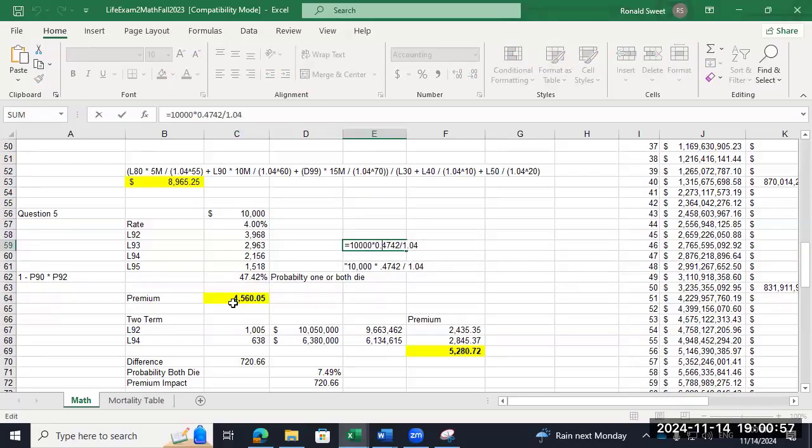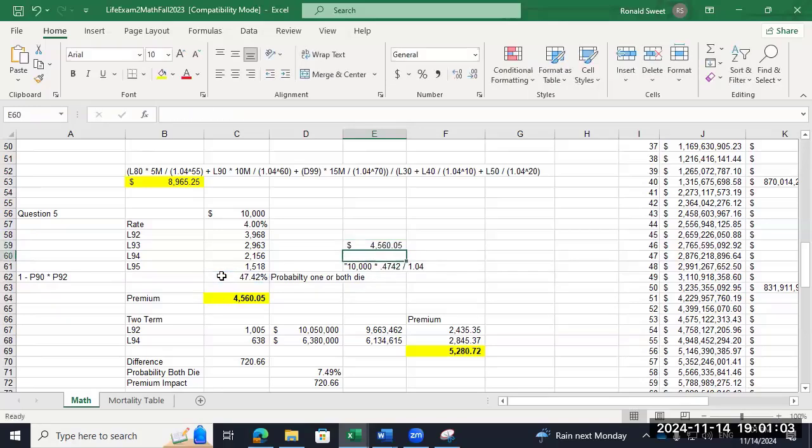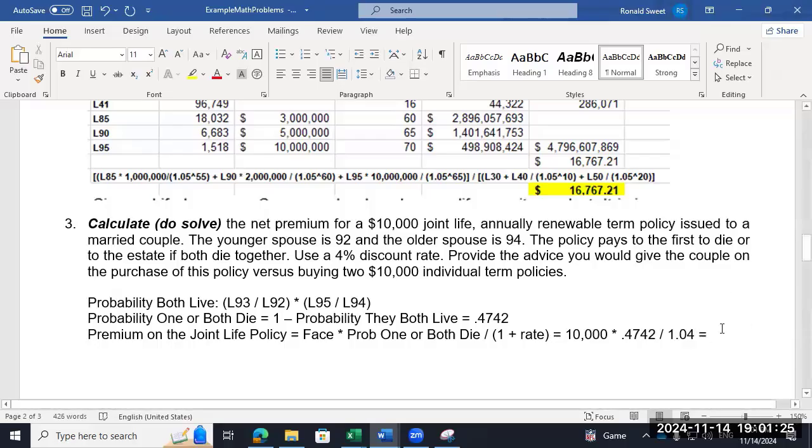I can try not rounding and see if I get exactly that number. Yeah, so if you round, you go out 4 decimal places on the probability, 0.4742, you get 4559.62. I'll let y'all practice that one.